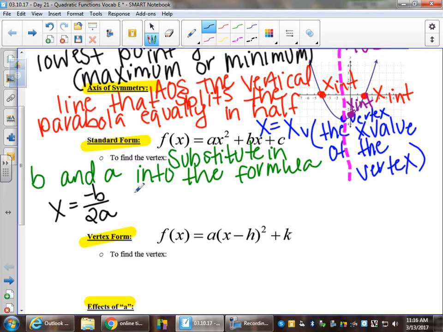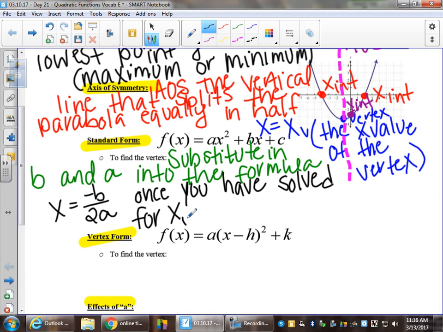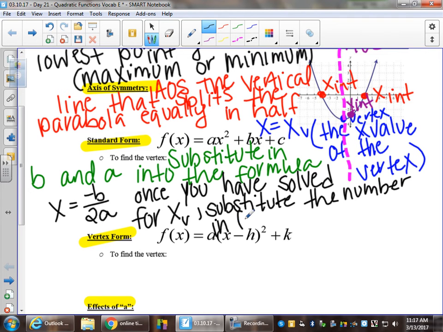Okay, once you have solved for xv, substitute the number in for x and solve for y.